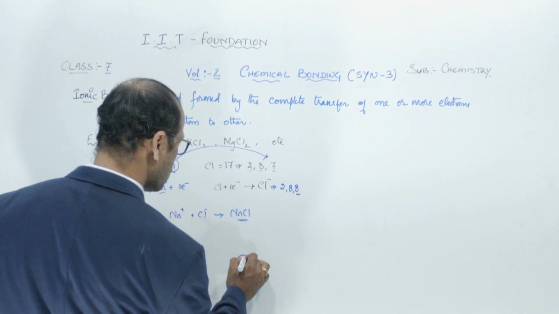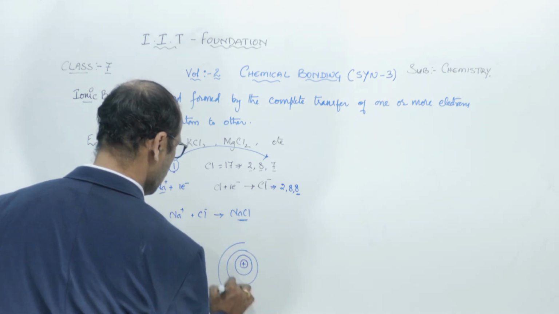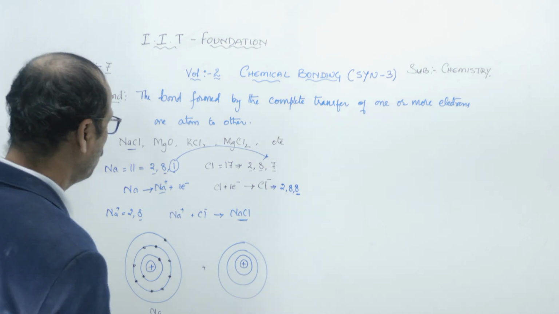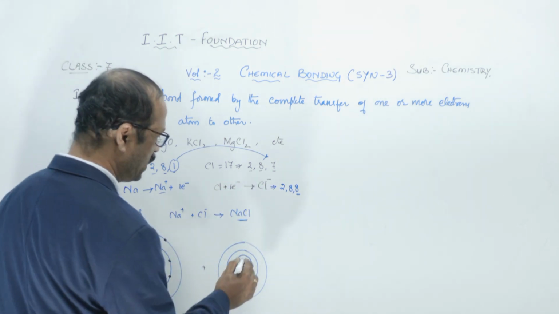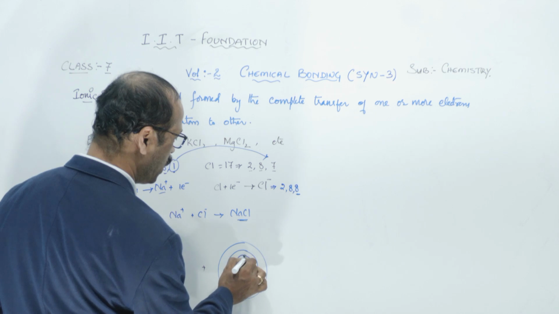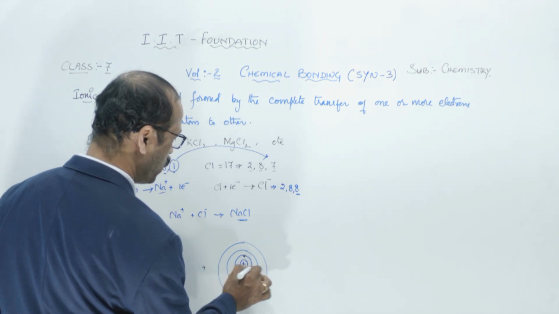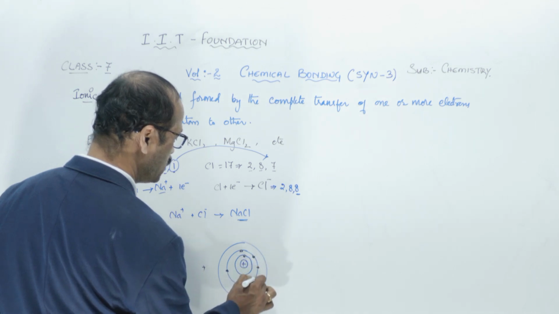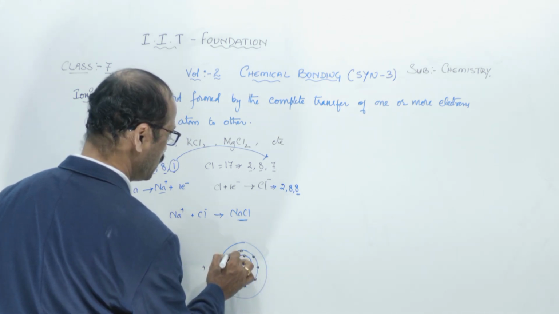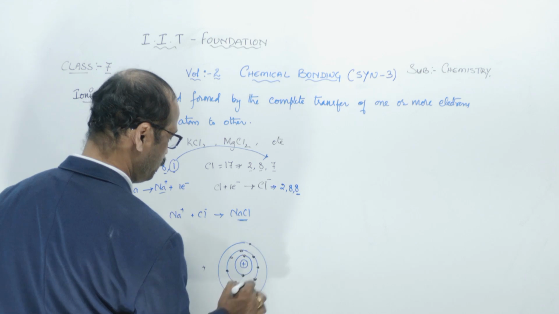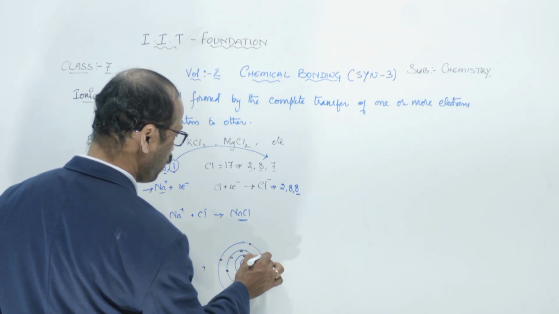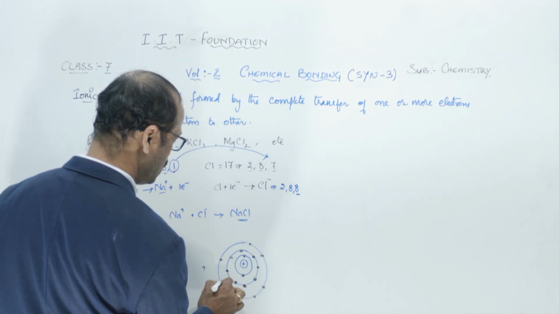Nucleus, first shell, second shell, third shell. Now how many electrons are there? 2, 8, 7. So here 2, here 8, 1, 2, 3, 4, 5, 6, 7, 8.